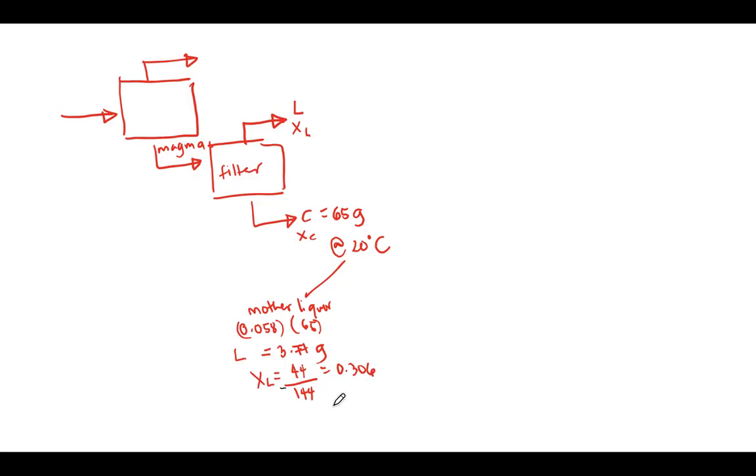So, this is the fraction of solute in your mother liquor. So how much is your solute? 0.306 times the mother liquor, 3.77 grams. So basically, your solute in your mother liquor in total is 1.15 grams.